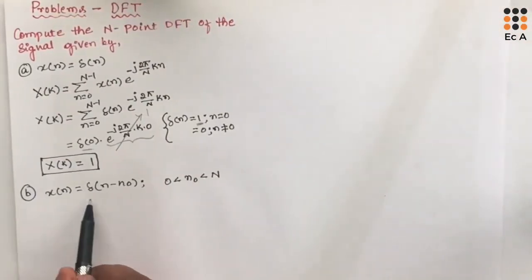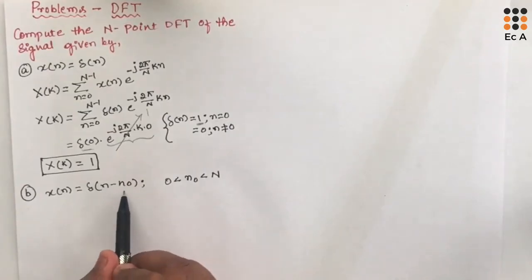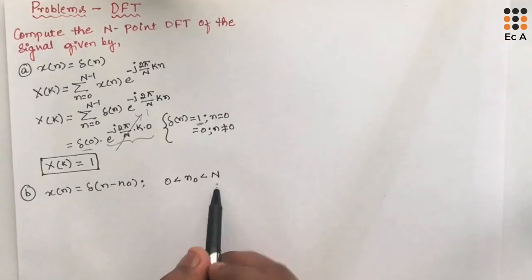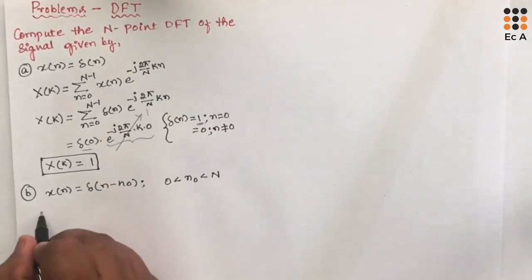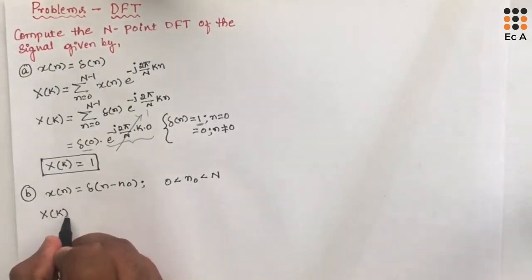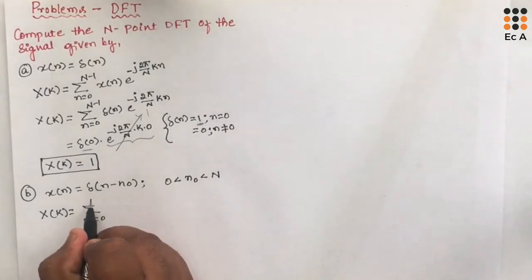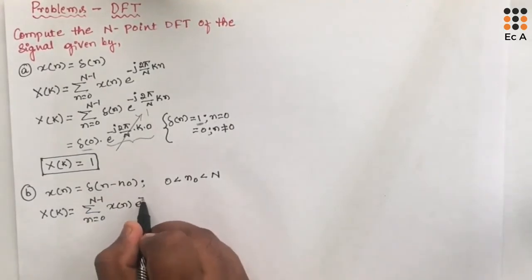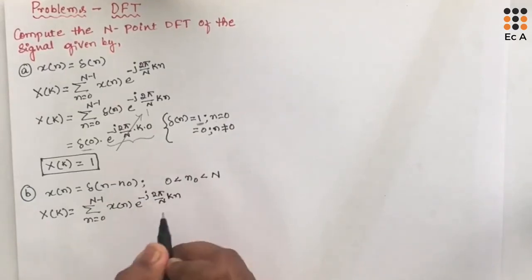Let us take the second problem where the signal x of n is given as delta of n minus n naught, where n naught is ranging between 0 and n. For this signal we need to find the DFT. First let us write the formula x of k is equal to summation of n is equal to 0 to n minus 1 x of n e to the power of minus j 2 pi by n into kn.